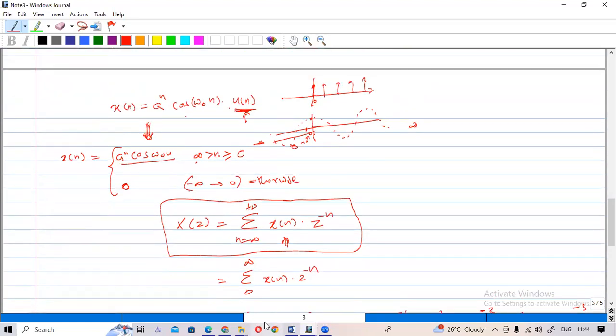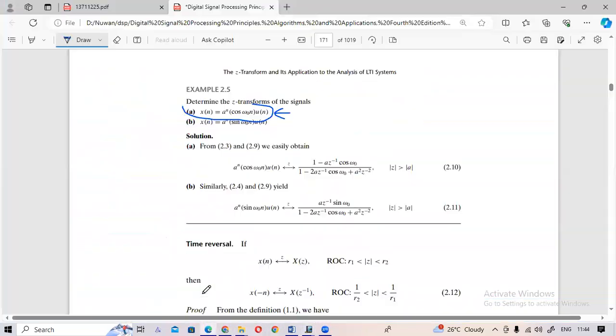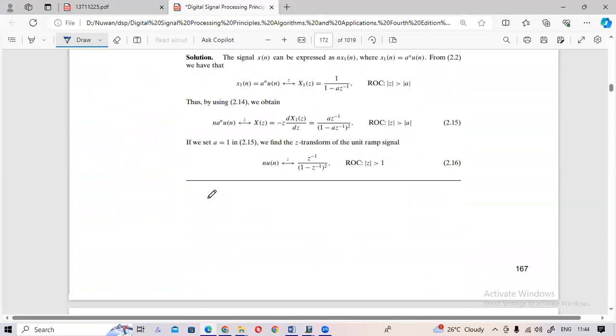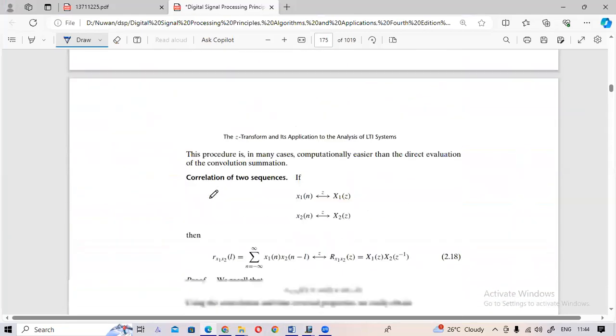Actually, you can use the linearity property, which is given here. That is the one property we are going to use.